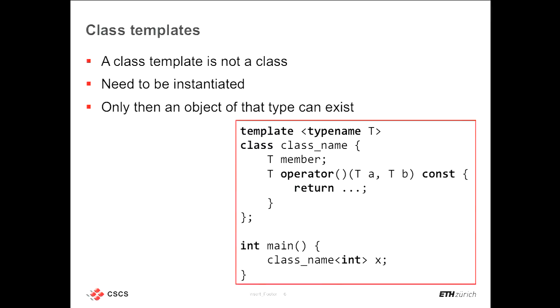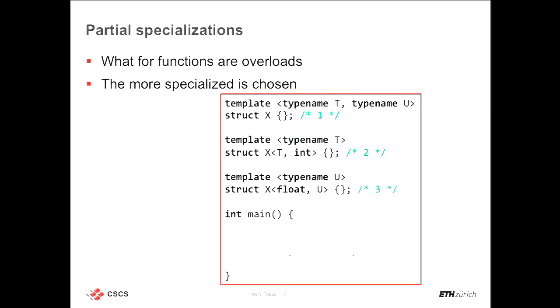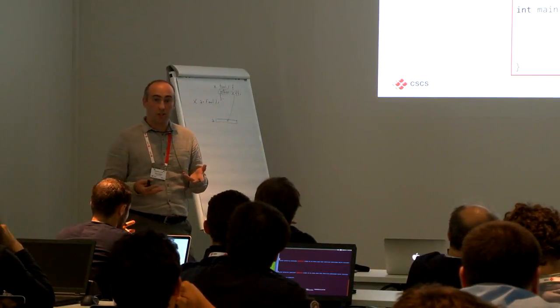One important feature that class templates have: function templates have overloads, so I can create specializations with overloads. With classes, I have something called partial specialization. Partial specialization is basically using pattern matching to try to find the best candidate for the instantiation.